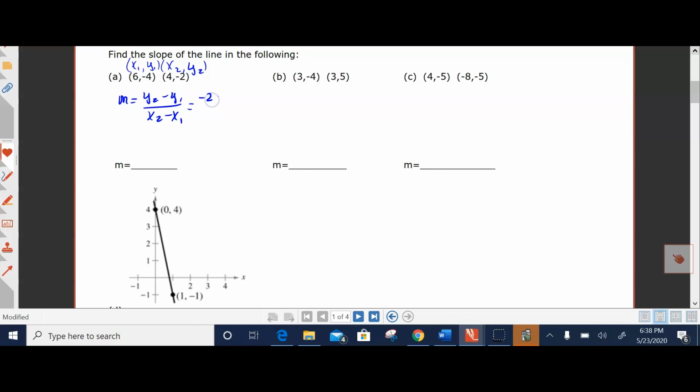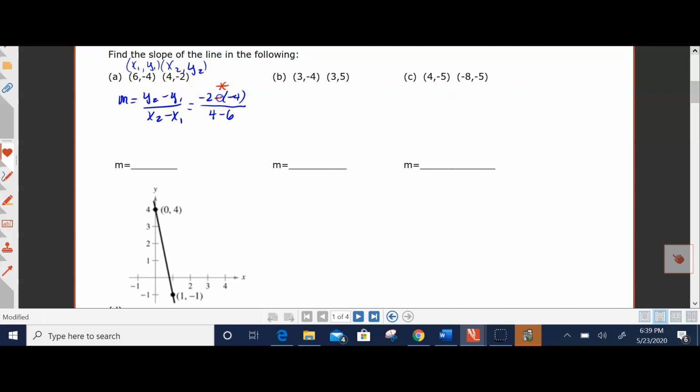I have a -2 minus a -4. Those are my y2 minus y1. And x2 minus x1 will be 4 minus 6. Just a note here: watch out, we have a double negative right there. The first number, y2, was a -2.